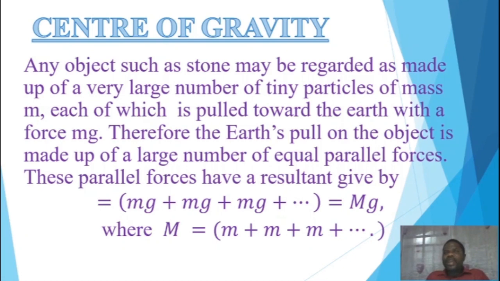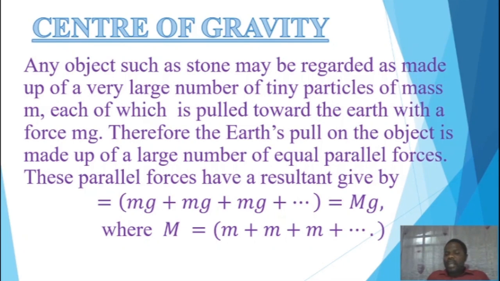So now we are talking about those tiny particles. Let's say those tiny particles are of equal masses, each of them has mass m, and each of them is pulled by the same force. That force is the weight, which is mg, the force of gravity on the particle.